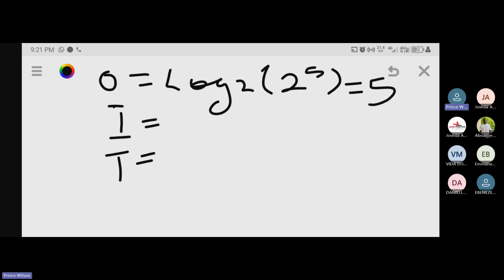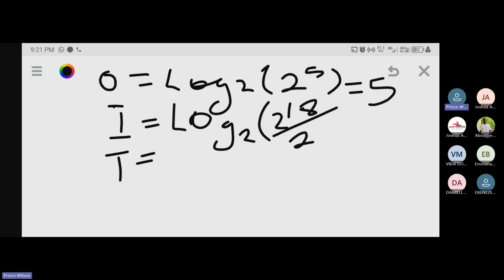Then we take our index, which is log 2 of the cache size over the block. The cache was 2 to the power 18, all over 2 to the power 5 for the block. So 18 minus 5 gives us 13. So 2 to the power 13, and you take log 2 of that, you'll be left with 13.